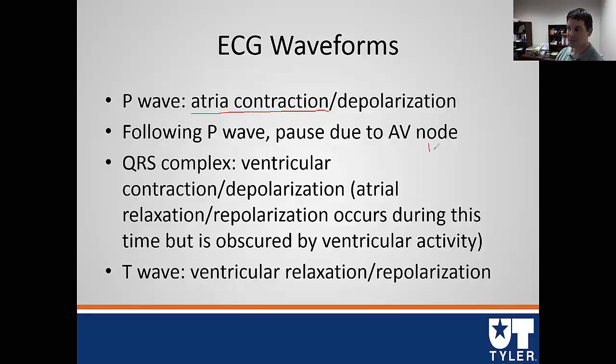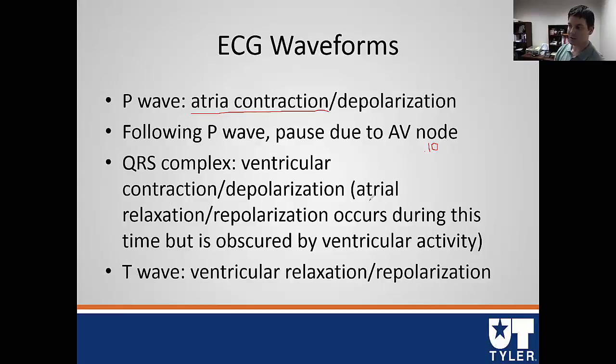Again, that's about a 0.10 second pause, and that is the electrical signal spreading through the atrioventricular node, pausing, and then into the ventricles. We then get a very common QRS complex, which is ultimately what we see as ventricular contraction or depolarization.